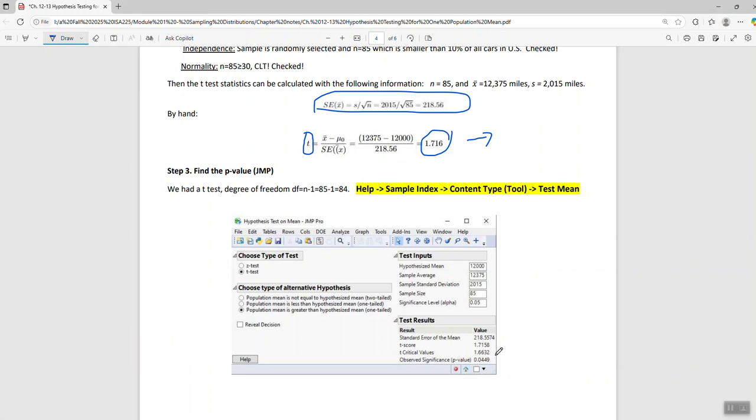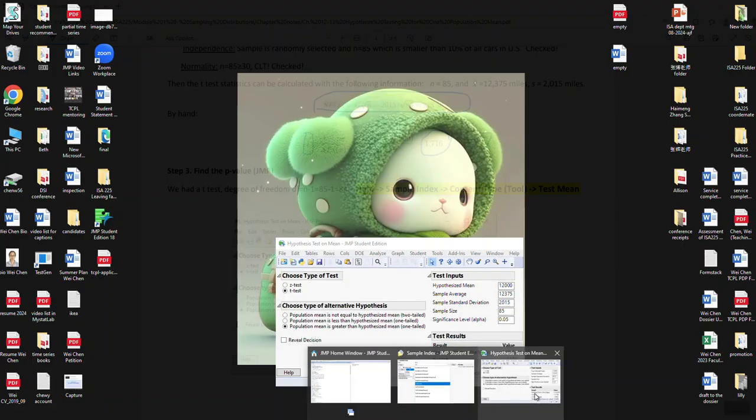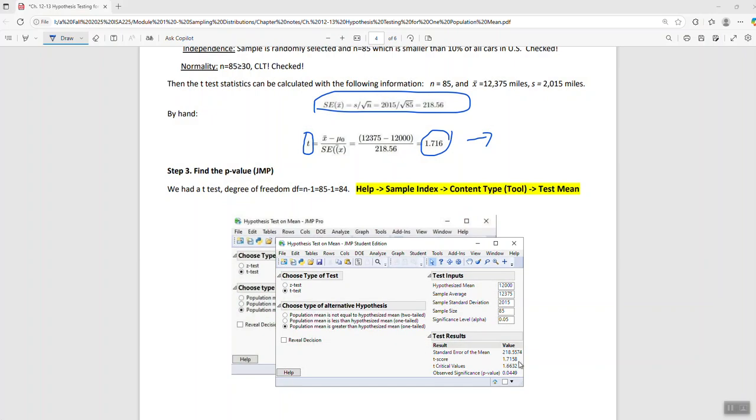We want to use the p-value to compare with our significance level so that we can make the conclusions. We have the test statistic 1.716.